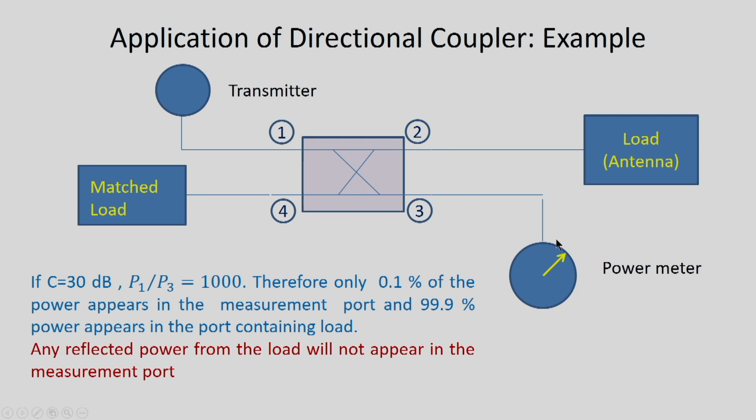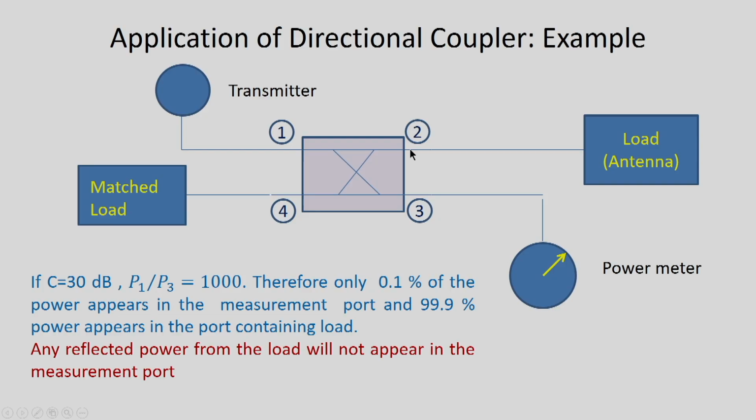It should be noted that because of some load mismatch, if any power is reflected from the load, then it will appear at port 2. Now, port 2 and 3 are isolated. Therefore, this reflected power will not appear in the measurement port and will not affect the measurement.